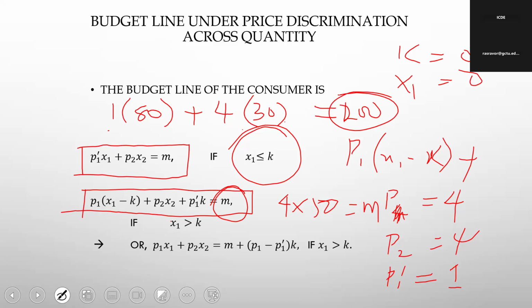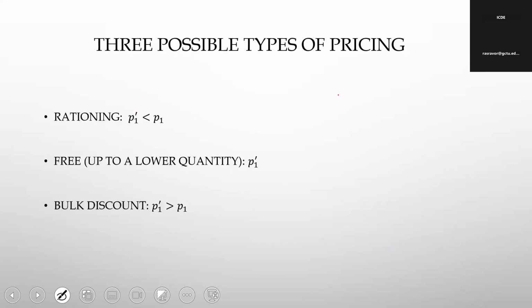So you see, if you are in a certain circle, you must understand. There are three possible types of price ration.